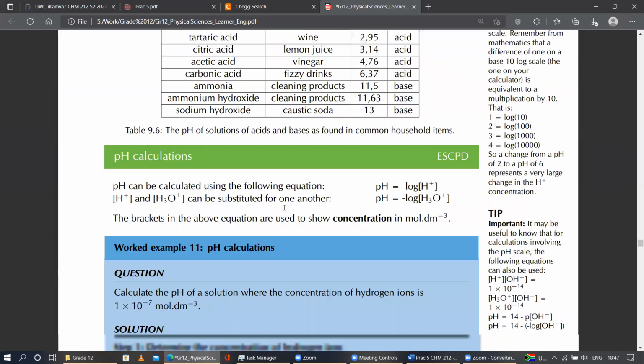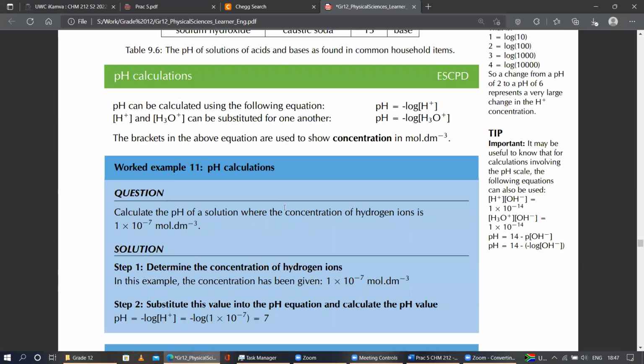These are the two equations that we are going to use for pH. pH is the negative log of the concentration of the proton, or the negative log of the concentration of the hydronium ion.